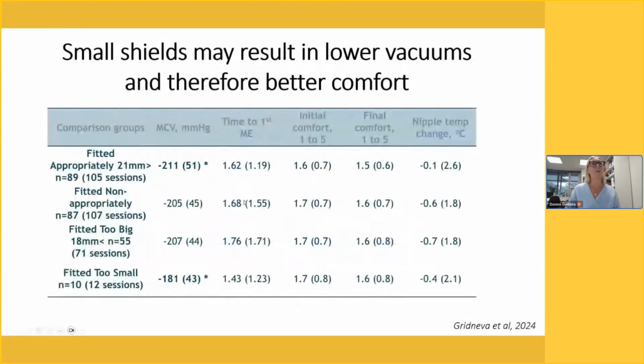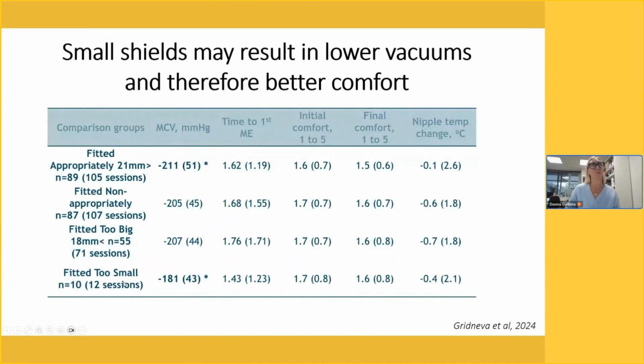So how does changing shield size or shield diameter impact vacuum? We can see in this very large group of women, we've divided them into fitted appropriately, and by that I mean 4 millimeters more than the diameter of the nipple, about 2 millimeters either side. Fitted non-appropriately, so less than 4 millimeters. Fitted too big, so way more than 4 millimeters.